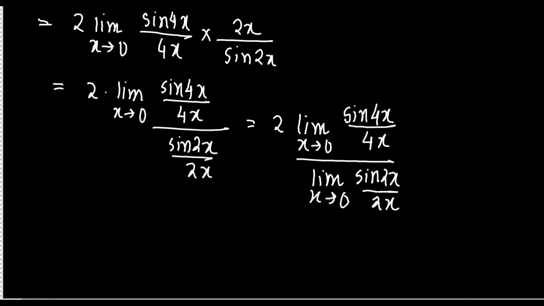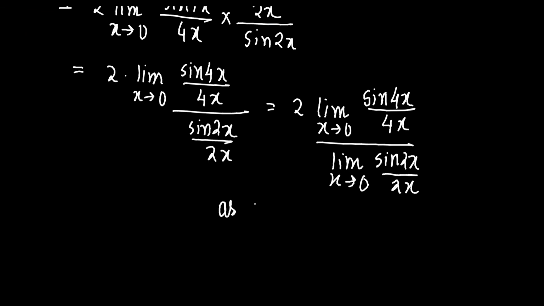Now, as x is tending towards 0, if we multiply by 4, it is also tending towards 0. If we multiply by 2, it is also tending towards 0. Therefore, as x is tending towards 0, 4x is also tending towards 0, and 2x is also tending towards 0.